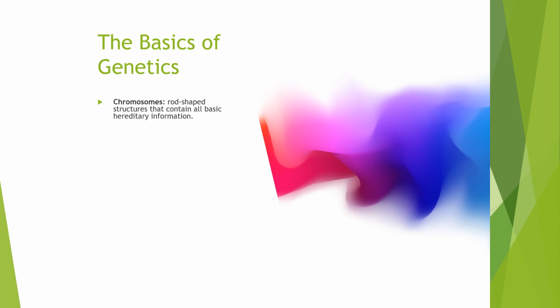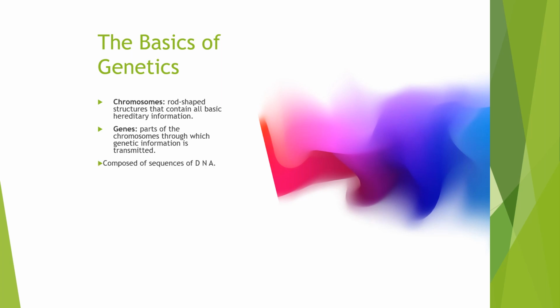Along with chromosomes, we have your genes or your genetic makeup. This is part of the chromosome through which the genetic information is transmitted. So you have the chromosomes, and whatever genetic information or hereditary information is in those chromosomes, it is transmitted by way of genes.